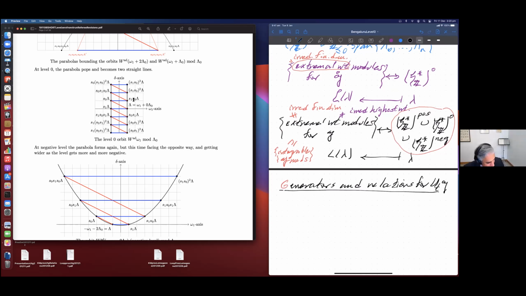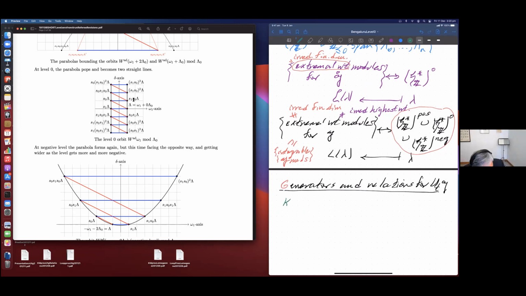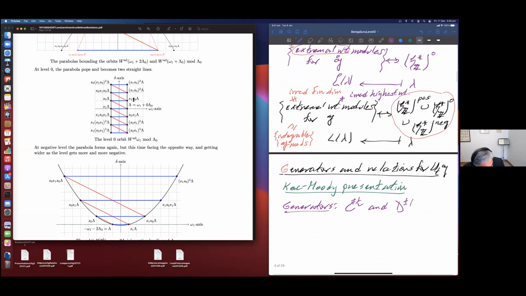But first, let me set up the quantum group. The quantum group has two presentations. The first one is the Drinfeld-Jimbo presentation. And this one has generators, which are C to the plus minus a half, and D to the plus minus 1. And then I have K0, K1, K2, up to Kn.